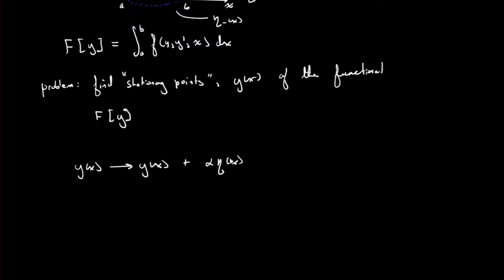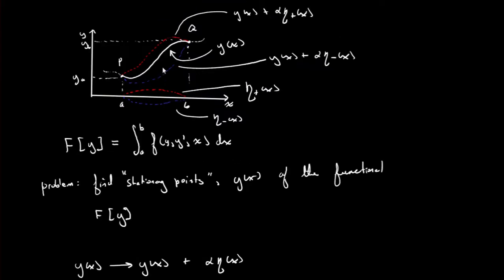So clearly we are just trying to find all of the ways to vary the function y so that the endpoints stay the same, so that we always land on the points P and Q, right?